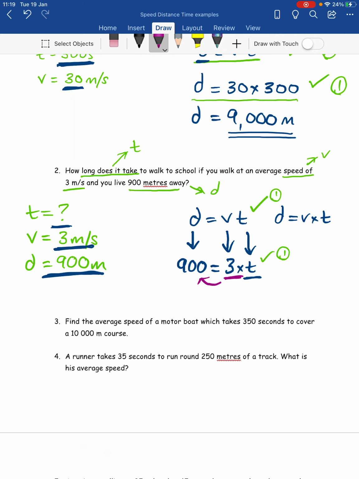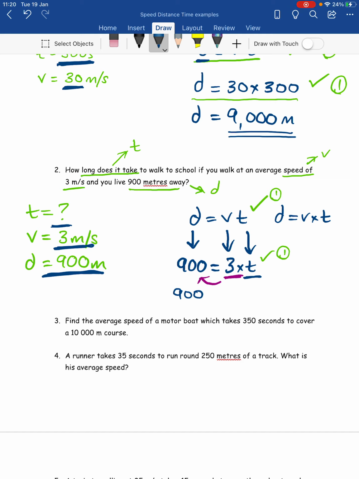So what I would write down next is 900 stays where it is on the left at the top. The times 3 moves across to the other side and goes below the 900.